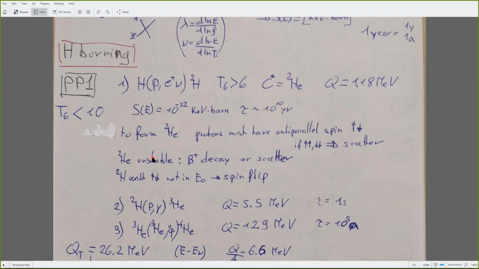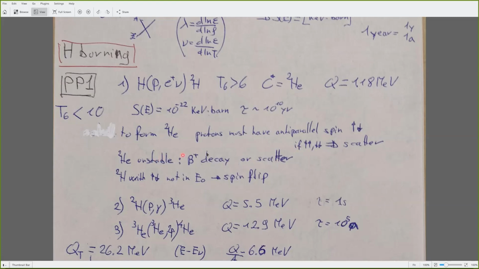Then, since it's unstable, you can have just a breakdown, scattering, or you need the probability of a beta plus decay, so the proton decays into a neutron, positron and neutrino. And protons are not so keen to do it.